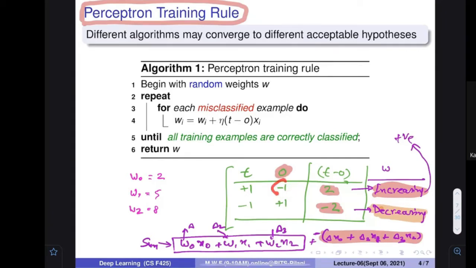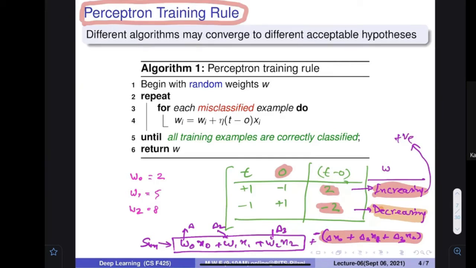For the positive thing, if your model is telling negative, then you have to go to the positive side, and this is happening because target minus output is positive, and therefore you are going to increase the weights, and therefore your total summation is going to increase, and you are moving towards becoming positive. Make sense? Yes, sir. Okay.